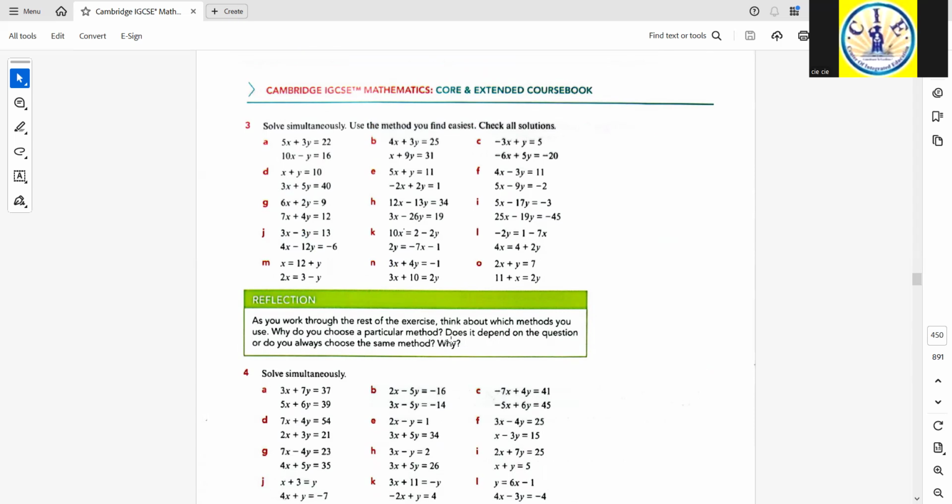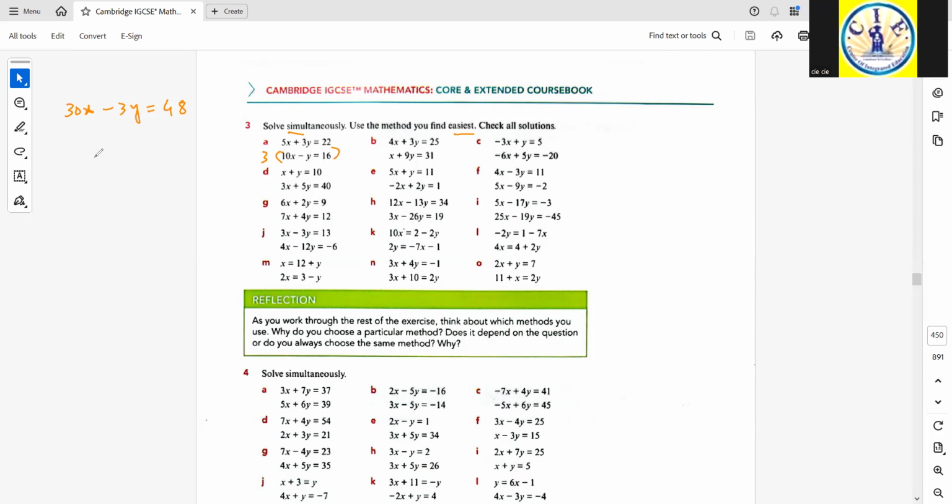In question number 3, for example, if I need to solve simultaneously, use the method you find easiest. If I multiply this second equation with 3, I'll be getting 30x minus 3y is equal to 48.